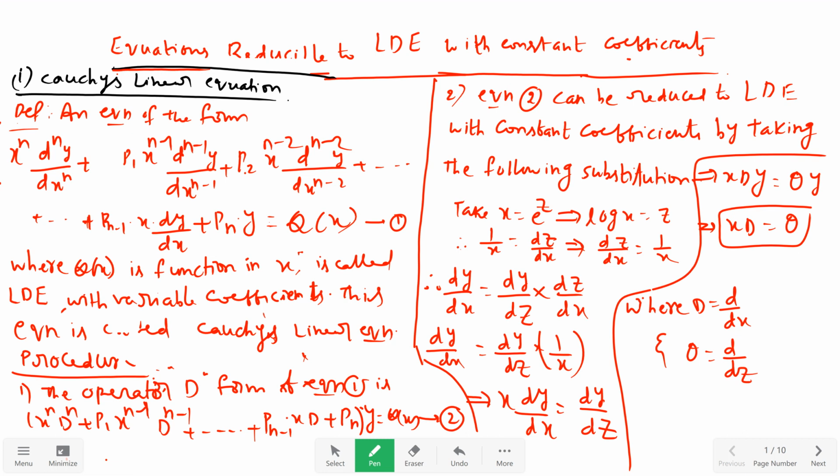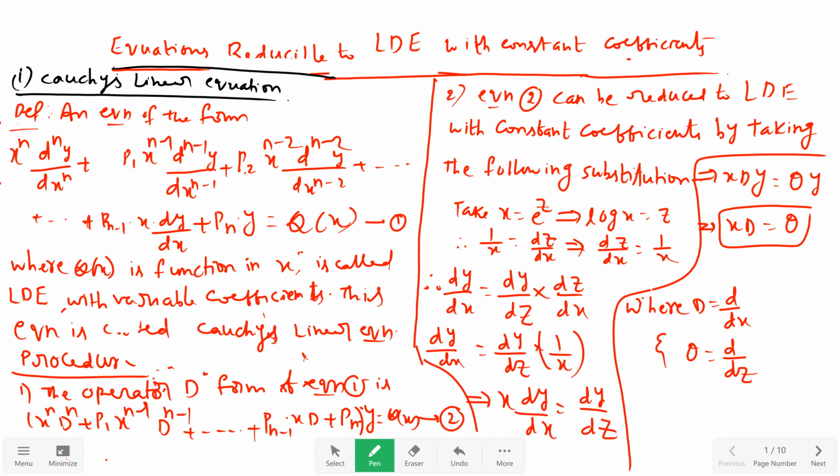The operator D form is (x^n D^n + p1 x^(n-1) D^(n-1) + and so on + p(n-1) x D + pn) y is equal to q(x). This is equation 2, which is nothing but the operator D form of equation 1.